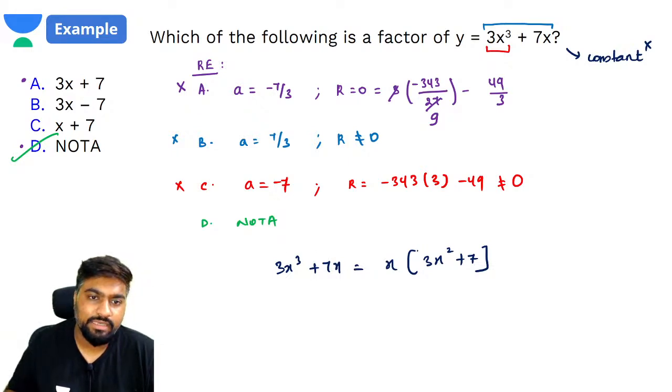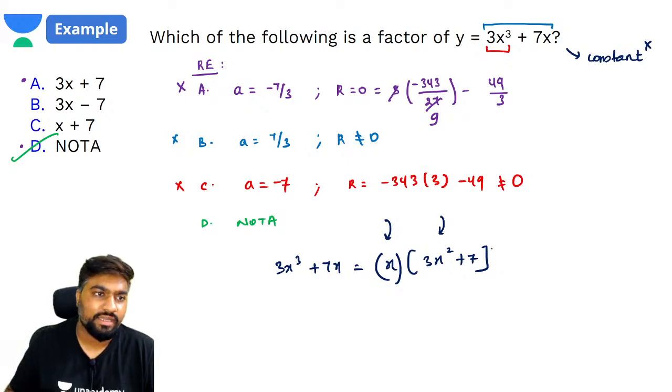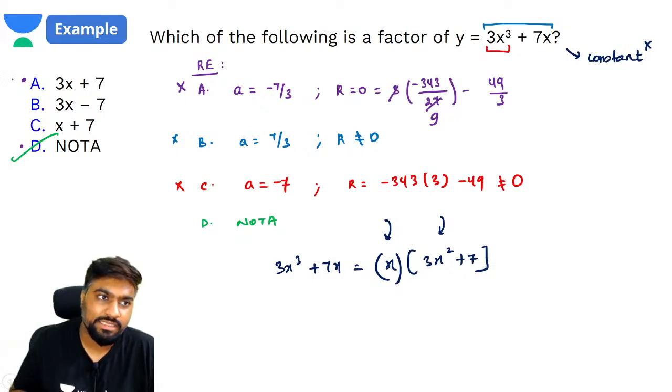That means x is a factor, and whatever after multiplying will give us 3x square plus 7, that is a factor. 3x plus 7, if I multiply with any expression, it will not give me 3x square plus 7, that is clear. Same way 3x minus 7 will not give me 3x square plus 7, this is out.